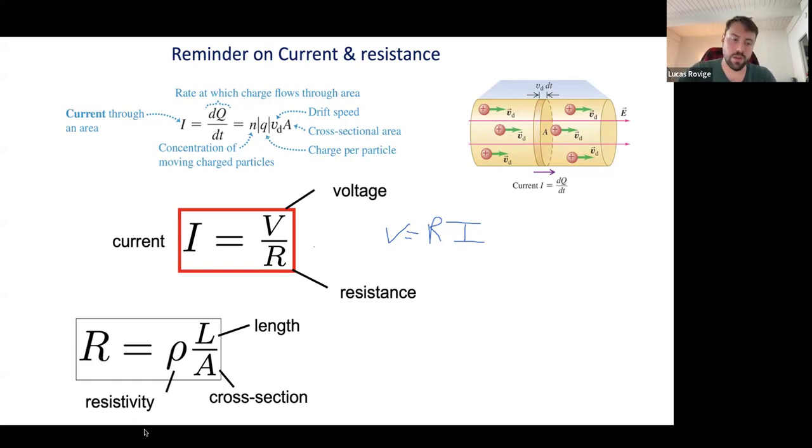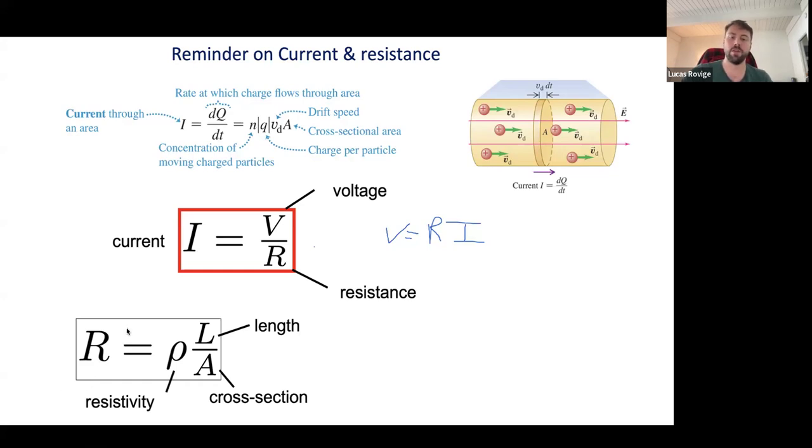And finally, we've described a bit more the resistivity, an inner property of a material. The resistance is a function of the resistivity, which is an inner property of the material, and the geometry of the component. So if the component stays in the same material and same geometry, its resistance is a constant of this component.